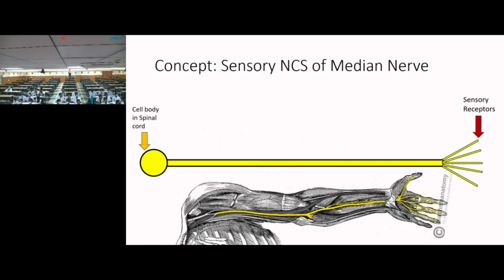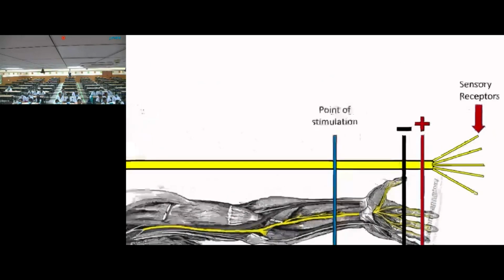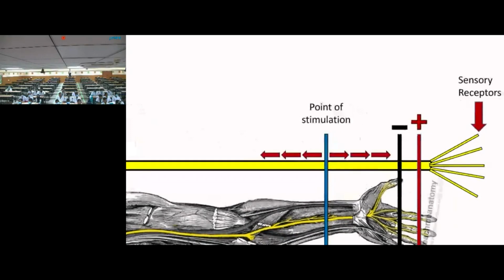Now, what we are doing actually, we are placing the active electrode in the distal interphalangeal joint, reference distally, and the point of stimulation what we are giving is in the proximal site here. Whenever we give one stimulation in your nerve pathway, it will be transmitted on either side, right?